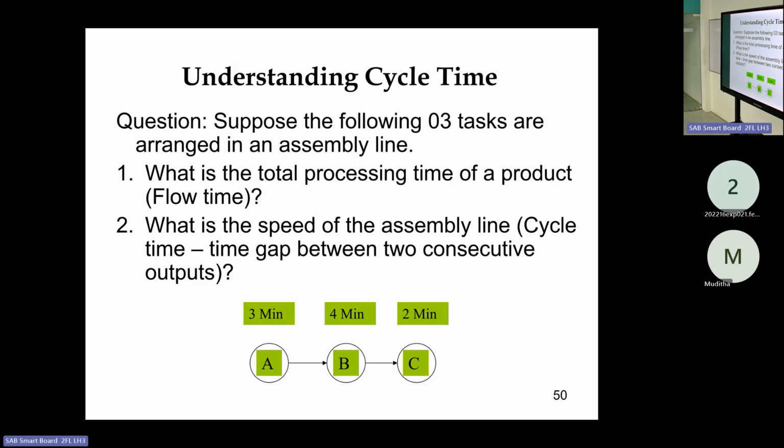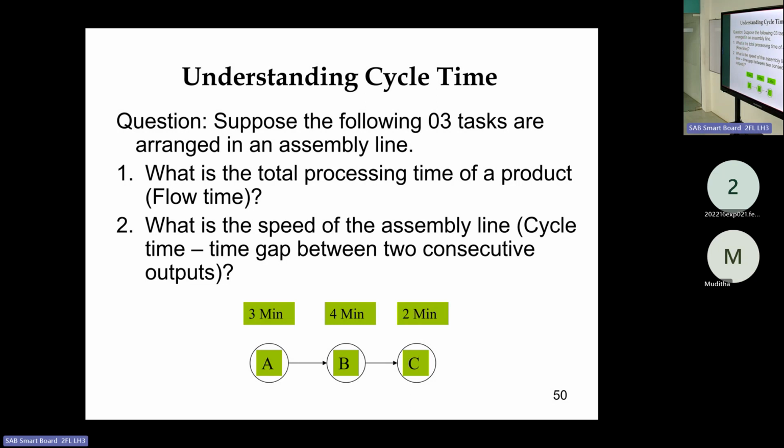So when we try to balance the line, we try to address the cycle time. Understood? So we balance the line around the cycle time. In such a case, not the activity time, but depending on the processing requirements, we have to decide what the required cycle time is, and then arrange the line accordingly.